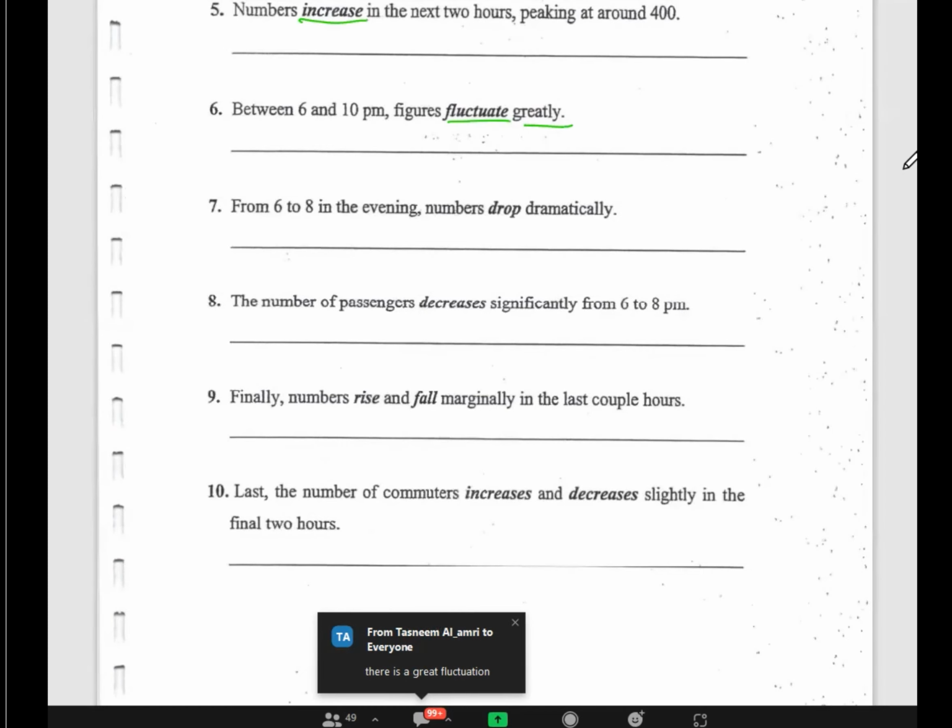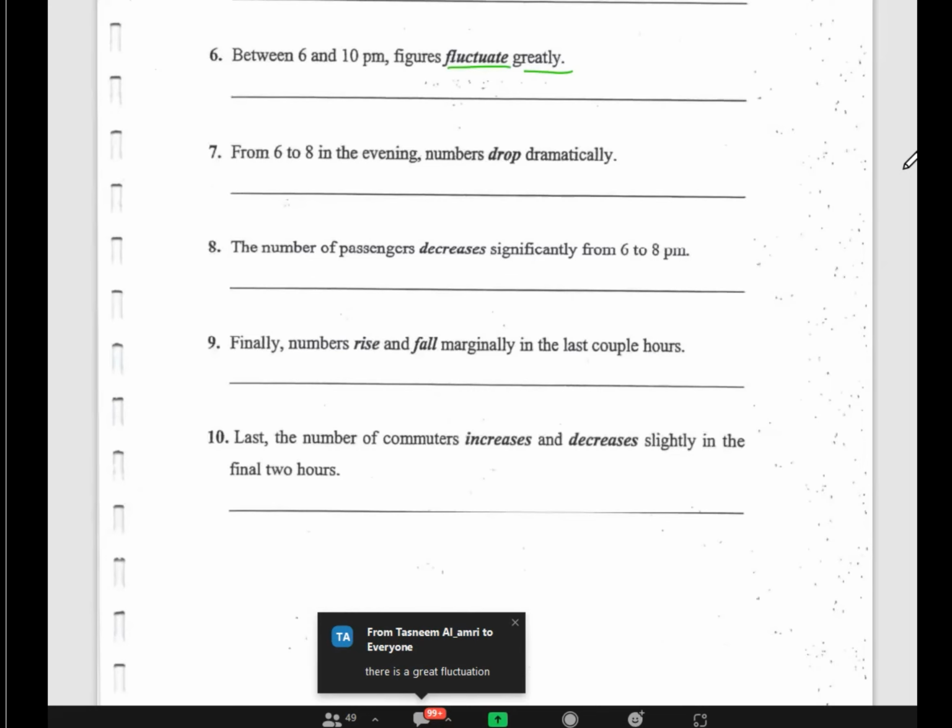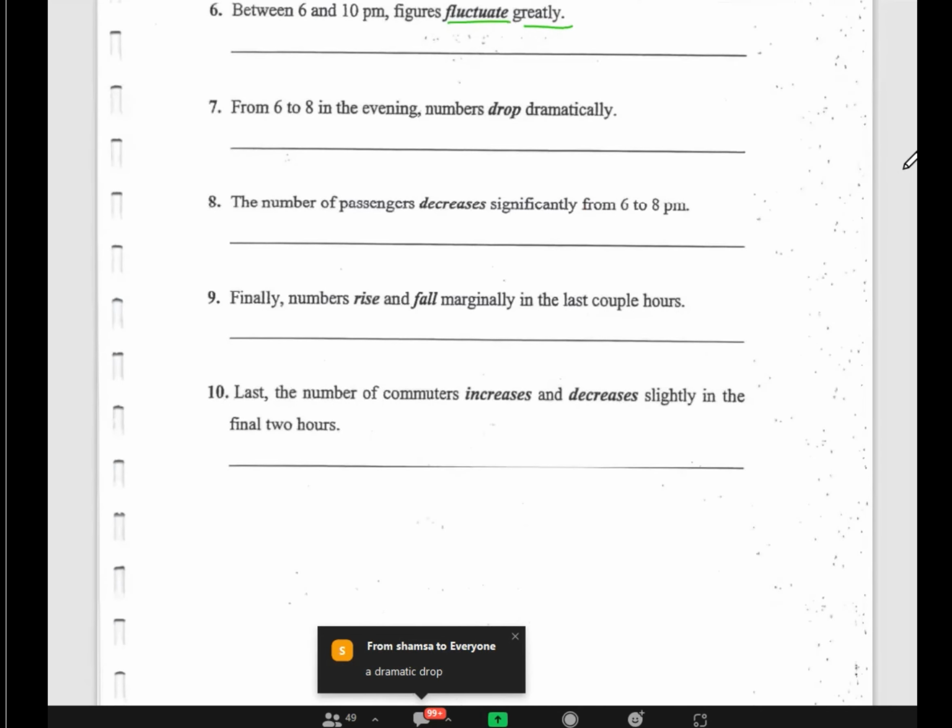There is a great fluctuation. Number 7. There is a dramatic drop. Very good. There is a dramatic drop. You can say dramatic or dramatical. Both are adjectives.